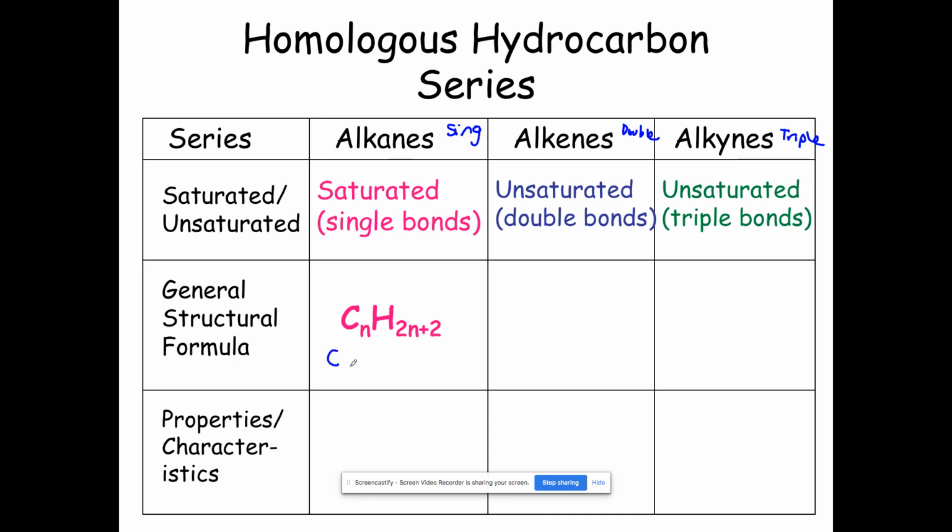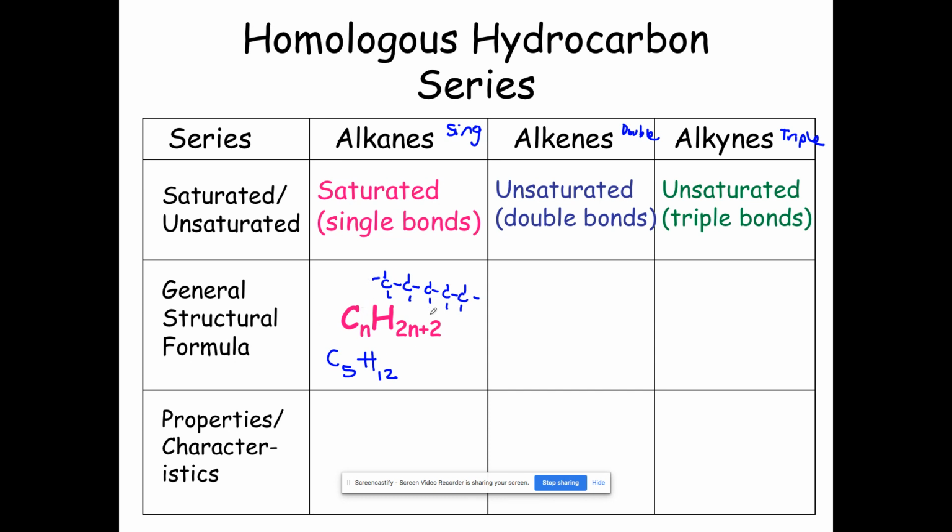So if I have C5, how many hydrogens will I have? This is just a little bit of algebra. 2 times 5 is 10, plus 2 is 12. And you know what? I shouldn't have chosen so many carbons. 1, 2, 3, 4, 5. I know how many hydrogens there's going to be. There's going to be 12. 1, 2, 3, 4, 5, 6, 7, 8, 9, 10, 11, 12. Boom! I was right. The general formula helped me.